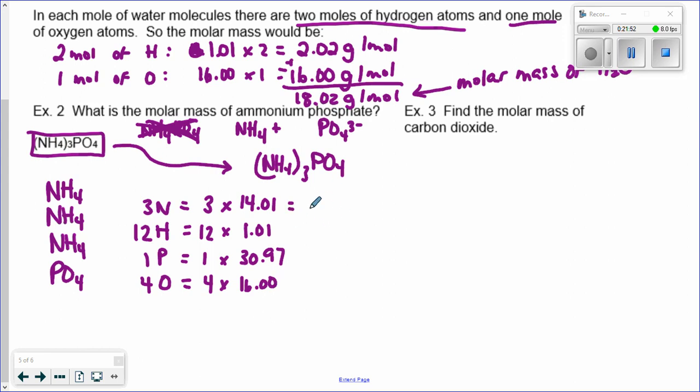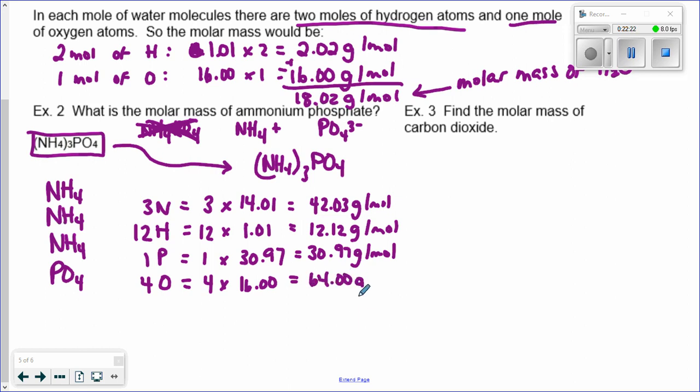So 3 times 14.01 is 42.03 grams per mole. 12 times 1.01 is 12.12 grams per mole. 1 times 30.97 is 30.97 grams per mole. And 4 times 16 is 64.00 grams per mole.